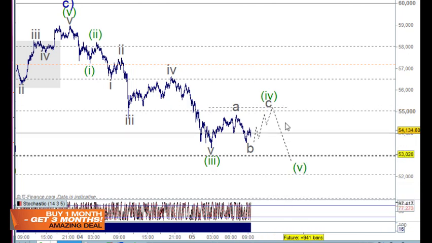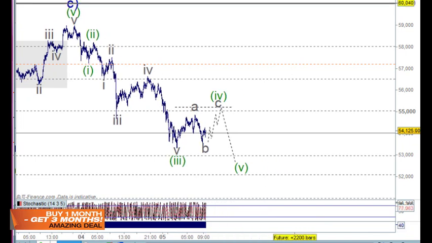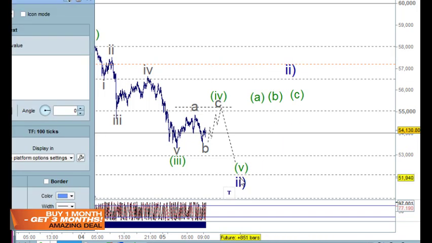So not that interested in all of this really. It's later on. It's this A wave, B wave and C wave here that we're looking for, and we'll be looking for that as wave 2, and we'll call this wave 1 here.